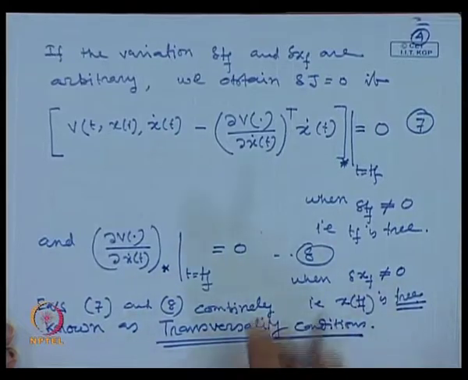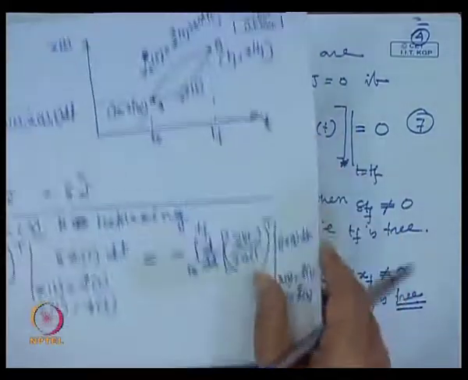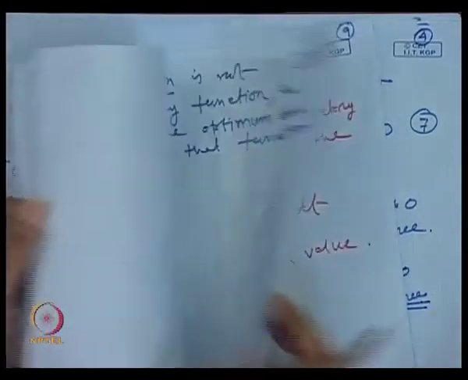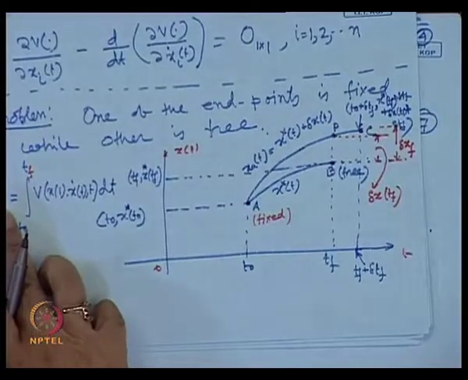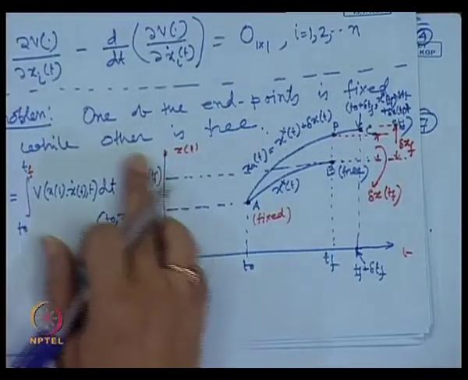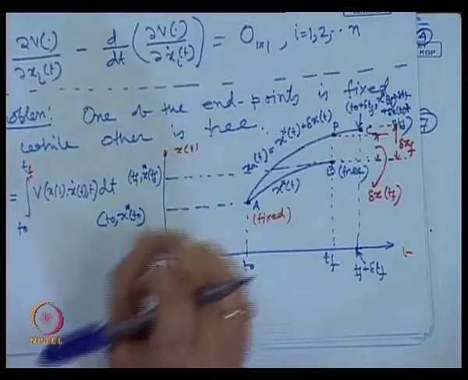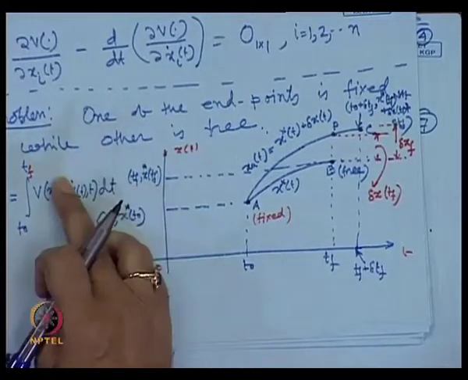This is the important condition. So, what is our conclusion? If you have a problem like this, where J is a functional that you have to optimize, then what should be the choice of our optimal trajectory x of t so that this functional will be optimized?